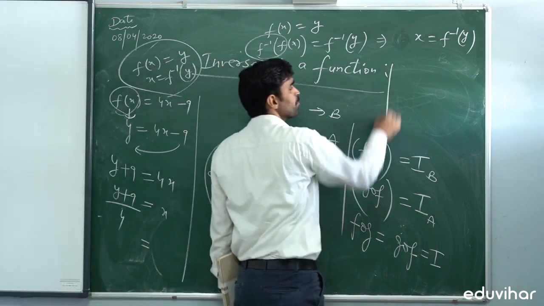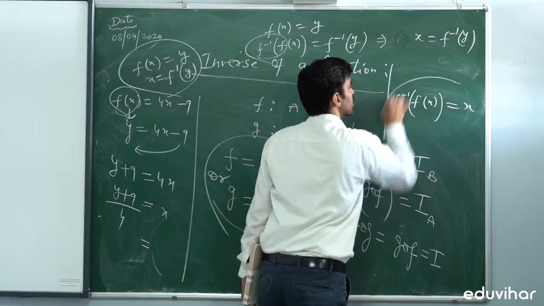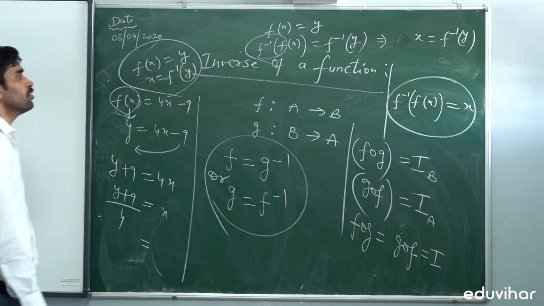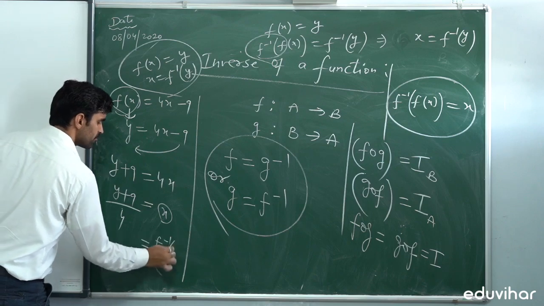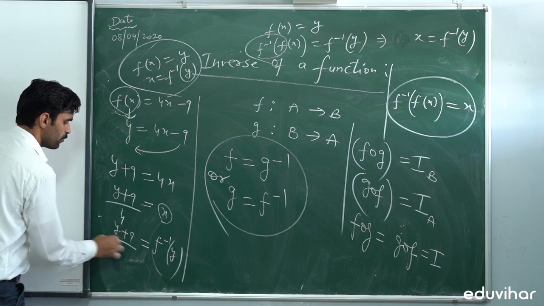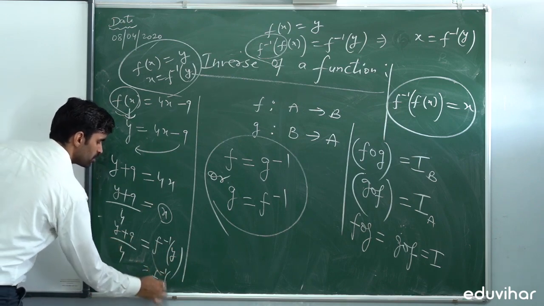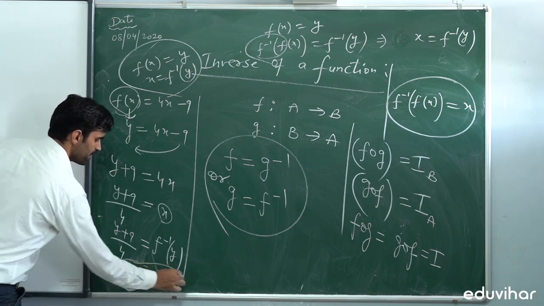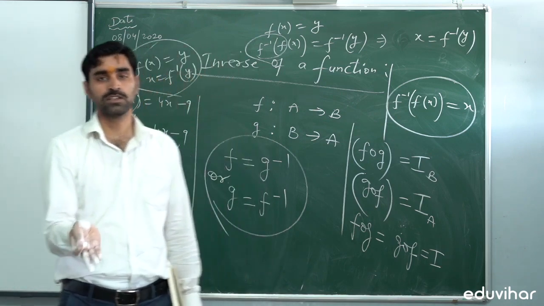Here we have used a property, that is f inverse of f(x) equal to x only. So x equal to f inverse y. So f inverse y equal to (y plus 9) upon 4. Then f inverse x must be equal to (x plus 9) upon 4. In this way we can find the inverse if it exists.